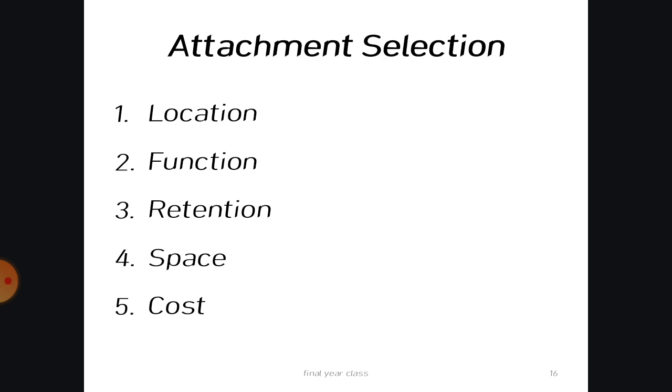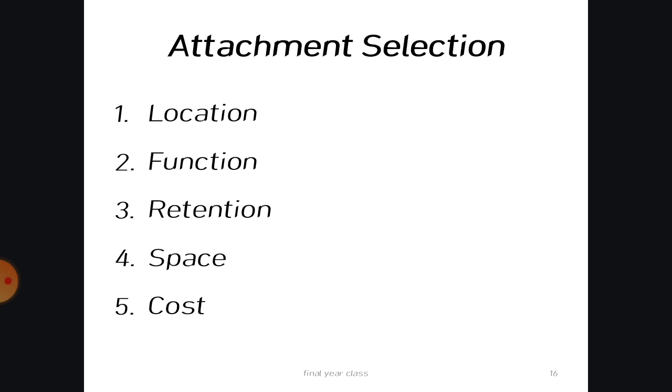So it is a permutation and combination of all the factors: the location, the function, the mode of retention which you would like to provide, the inner arch space availability. Some attachments require space of more than 5 millimeter, and some patients will not have that much space. So you need to go for an attachment which takes up a very minimal amount of space, and the cost which the patient can bear.